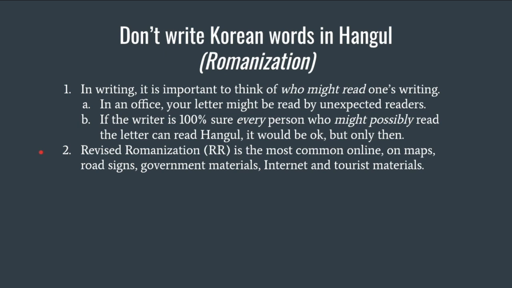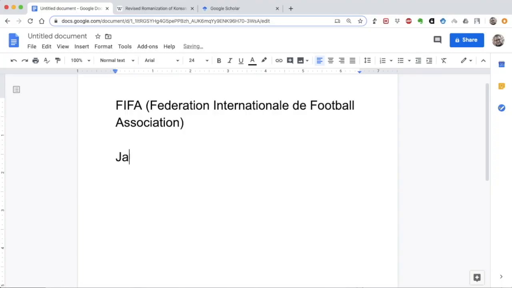Now, there are ways to deal with putting Korean into English letters. Don't just do whatever sounds right to you, because then you get chaos. I used to live in Jamsil, and when I first came to Korea, they hadn't quite changed the signs over yet. So sometimes the map would say Jamsil or Chamsil.